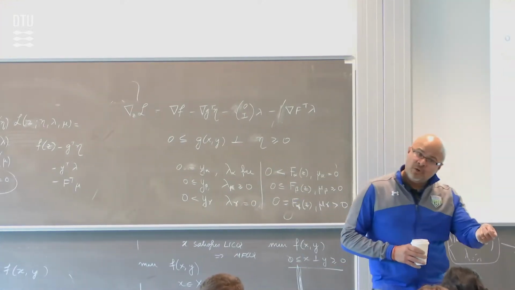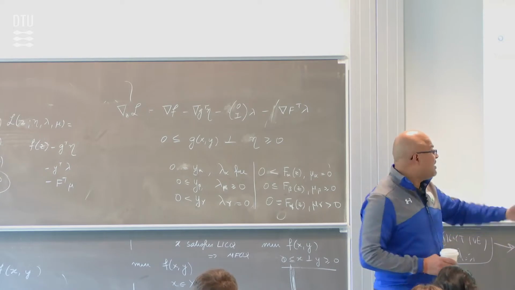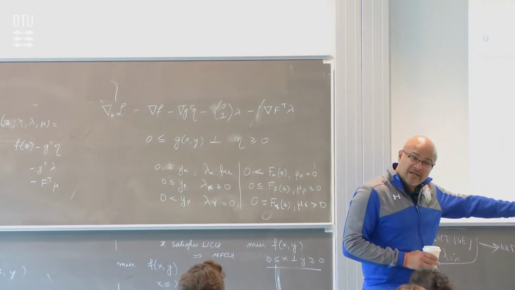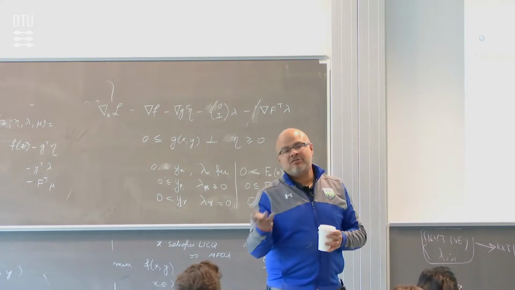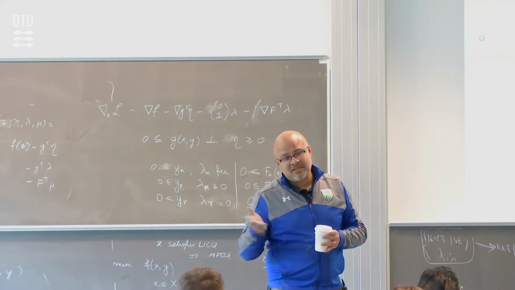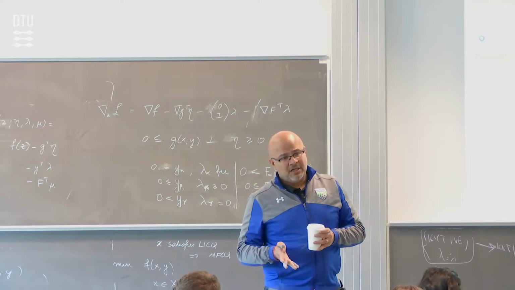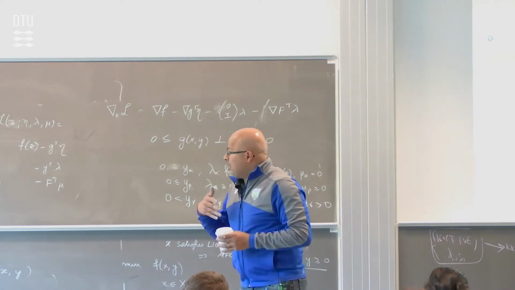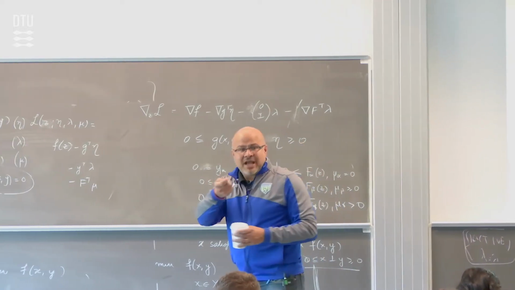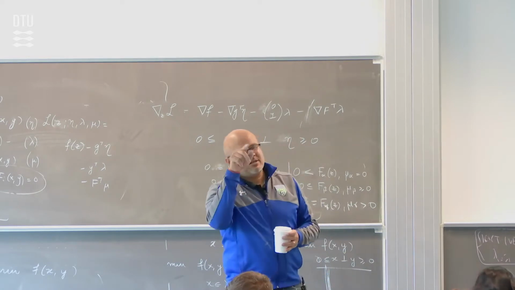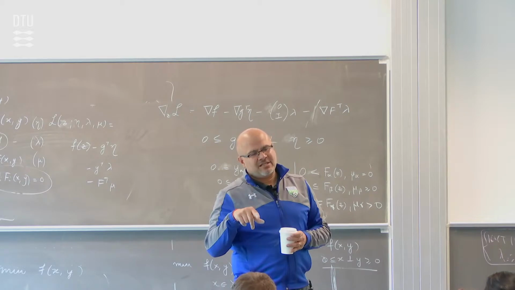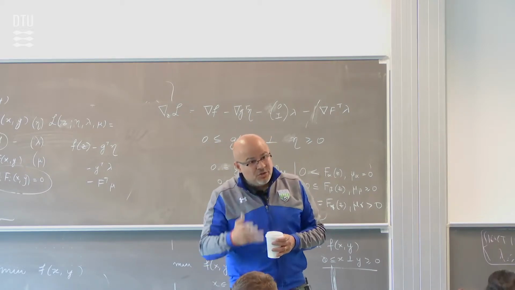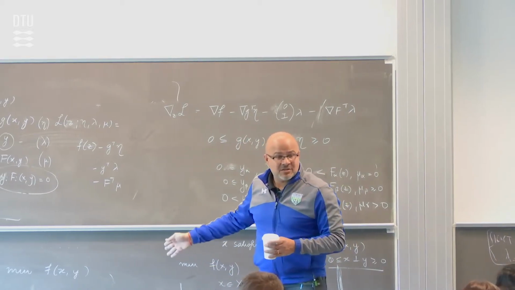So you give me a local minimizer, and at that local minimizer, we know these KKT conditions have to be satisfied. The question is how they are satisfied. Some will be satisfied as equalities, some as inequalities, some as strict inequalities. Once you check that, you can say, oh, alpha is 1 and 2, beta is 3, and gamma is 6 and 7 or something. When you do that, then you can sit and write down these conditions.